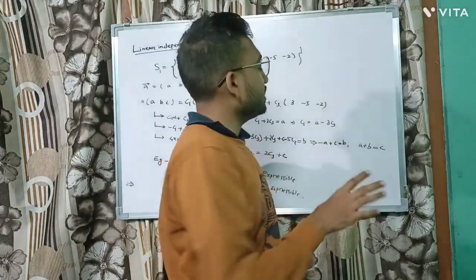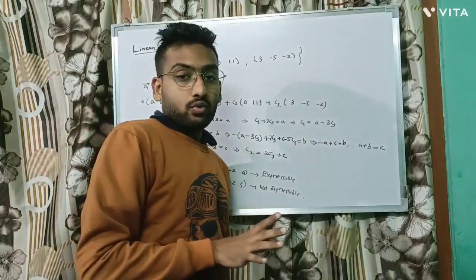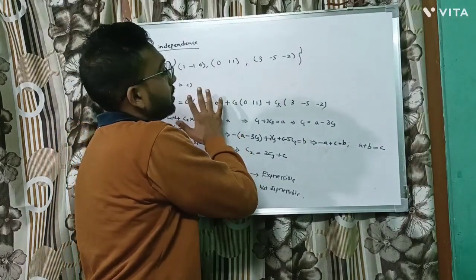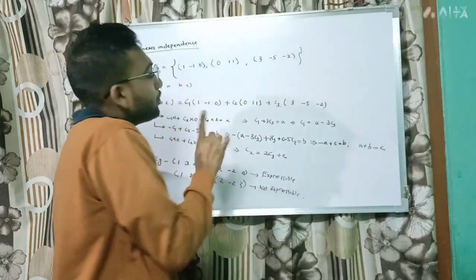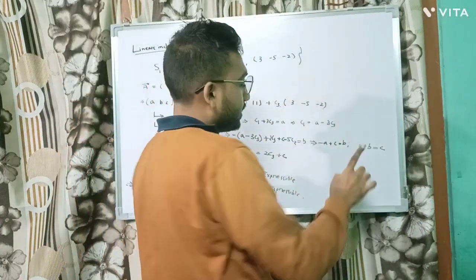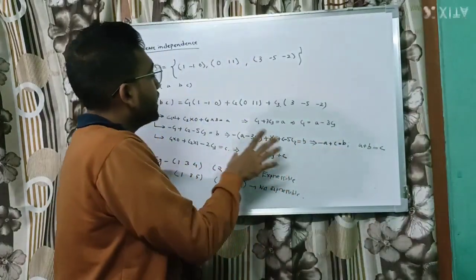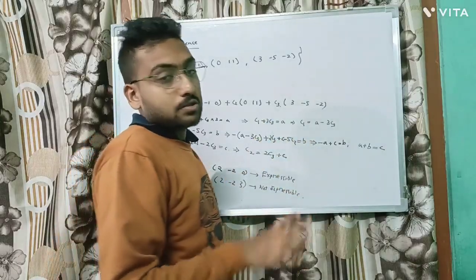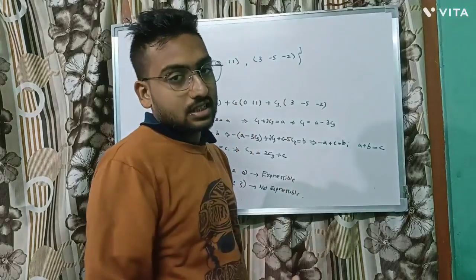What does it signify? It signifies that if I have to express any arbitrary vector in terms of these vectors, then one property has to be satisfied, that is, a plus b is equal to c. Otherwise they are not going to be linearly independent and we cannot express any vector in terms of the vectors present in S.